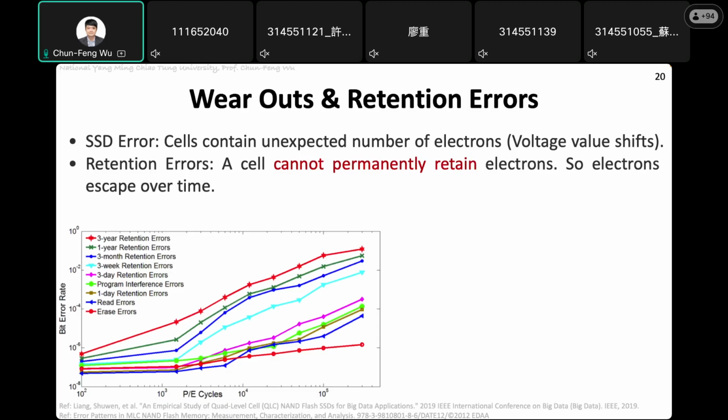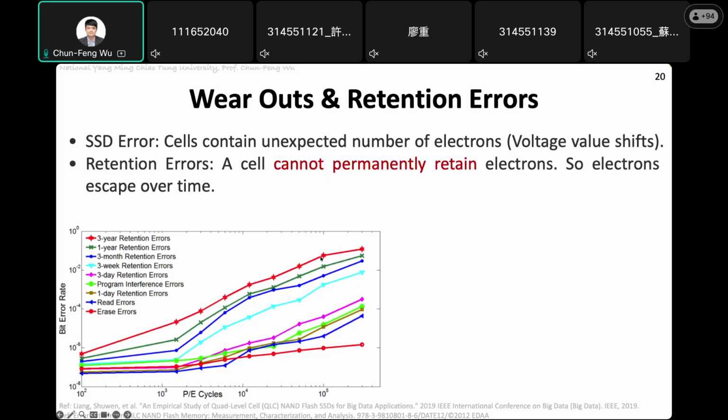If you use the SSD very intensively and very frequently, then your PE cycle will increase, right? Because each time you program the whole SSD and erase the whole SSD, the PE cycle increases by 1. So if the PE cycle climbs to 10^5, that means you use the SSD super frequently, and then you stop and don't use it for 3 years.